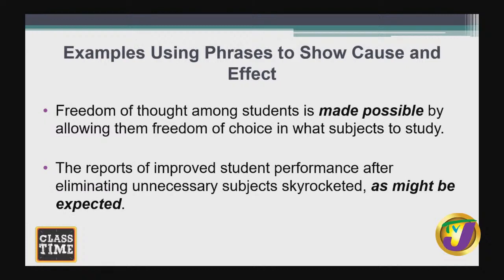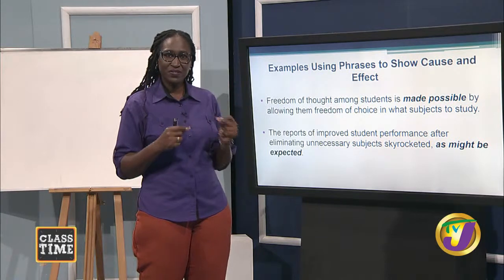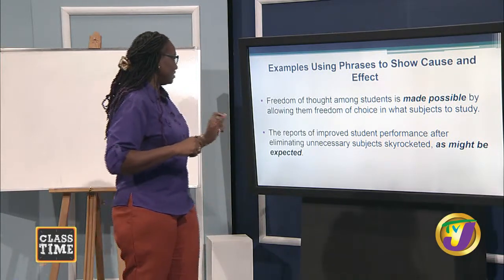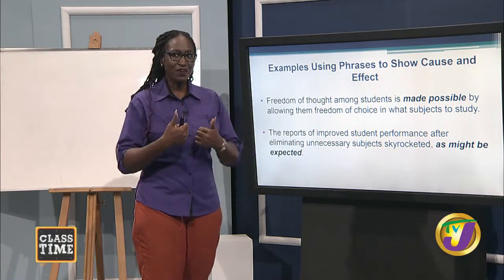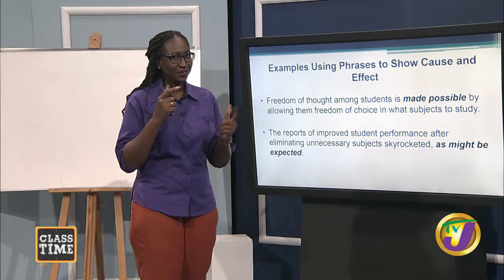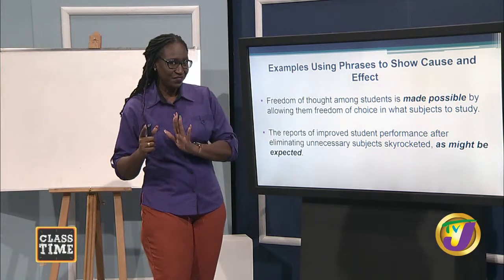So let's look at the other example now. "The reports of improved student performance after eliminating unnecessary subjects skyrocketed, as might be expected." So what led to what? What caused what? What was an effect of what? We have the reports of improved student performance. Is that the cause or is that the effect? Notice how the rest of the sentence is structured. After eliminating unnecessary subjects, this skyrocketed. So, are we getting the cause? Are we getting the effect?